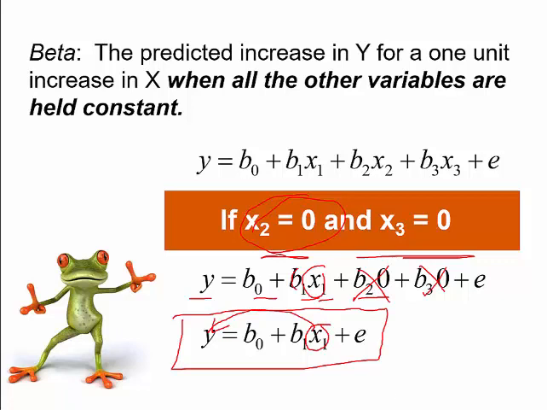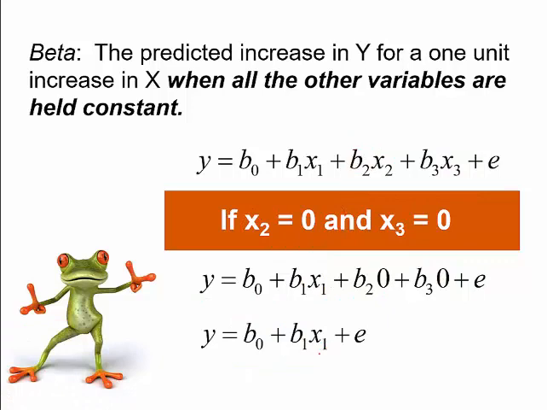So if I held constant X2 and X3, and if I held them constant at 0, then these betas would drop out, and my regression equation would simplify to a simple regression where I'm just using X1 to predict Y by itself. And so with that, we can think of this as telling us what the beta weight means.